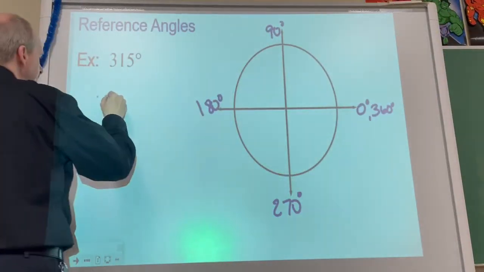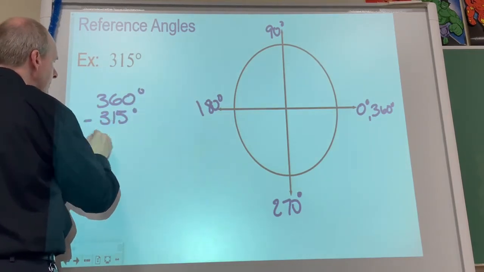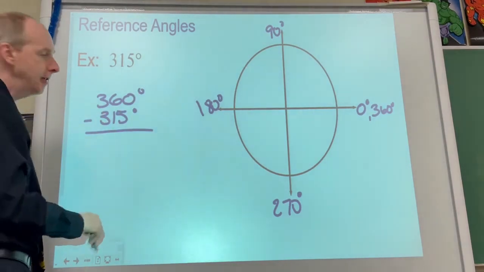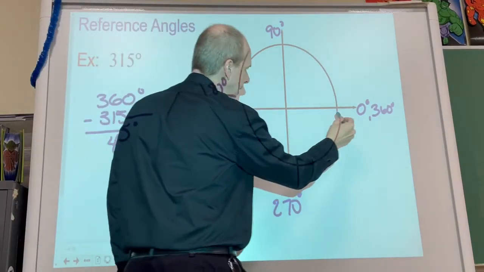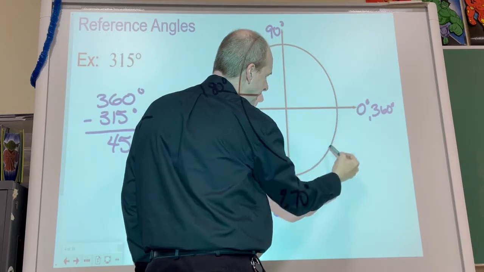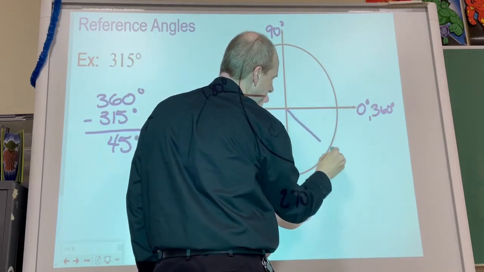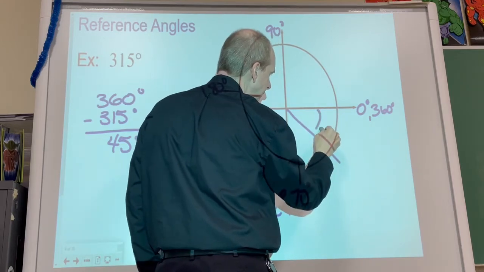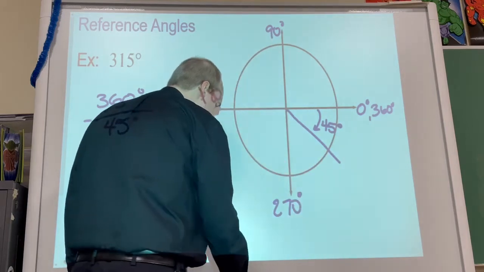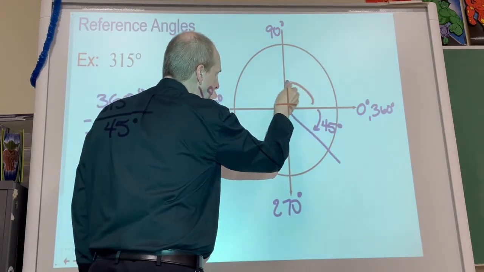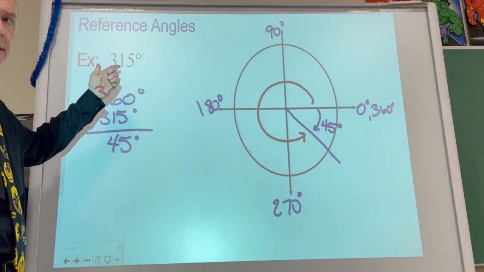Well, let's take 360 minus 315. How many degrees is our reference angle? It's 45 degrees. So if I go 45 degrees before, that's right in the middle, right? My reference angle is 45 degrees. From 0 all the way around, that's 315 degrees.